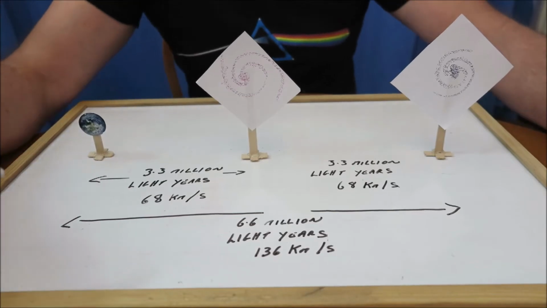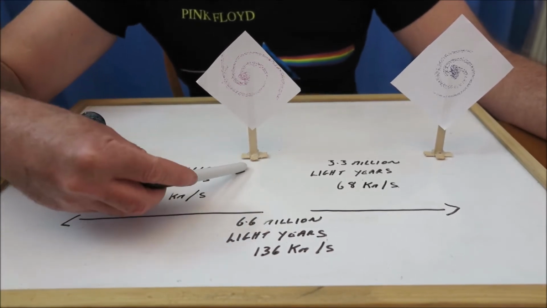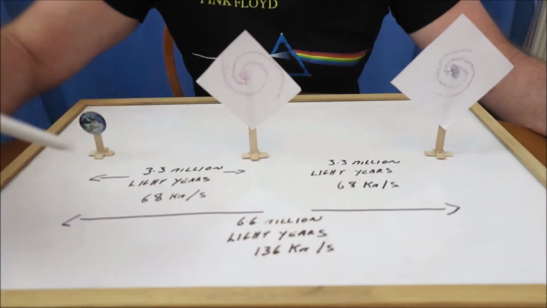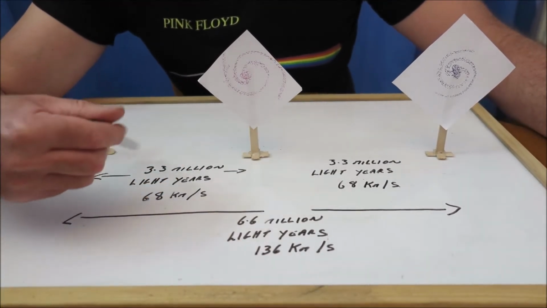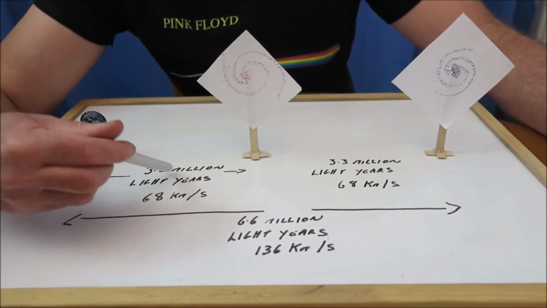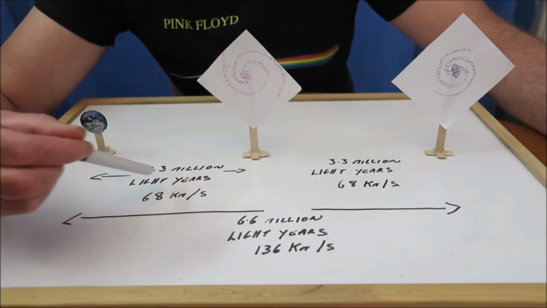So let's have a look at a very basic model that I've made to demonstrate this. If we have a look at our little model, I've got the Earth on a stick, a spiral galaxy on a stick, and another spiral galaxy on a stick. From the Earth, this first spiral galaxy is 3.3 million light years, so that's 1 megaparsec.